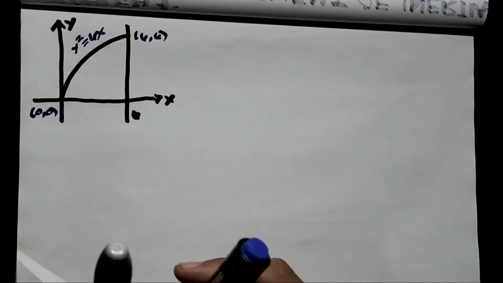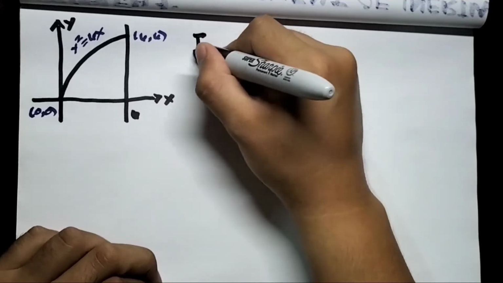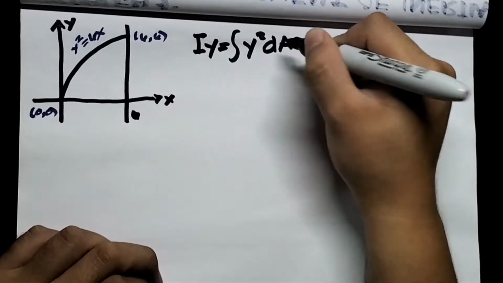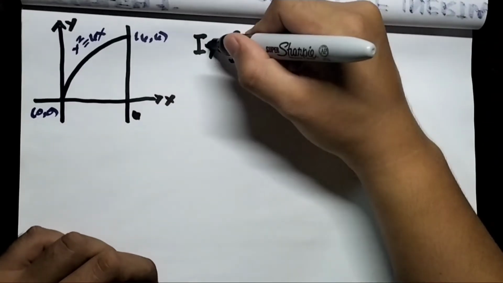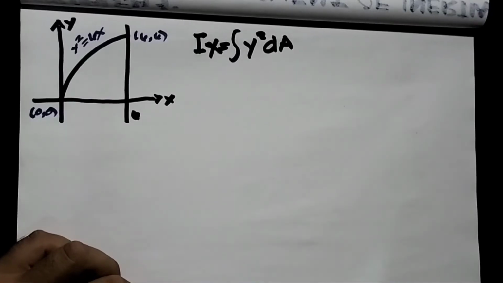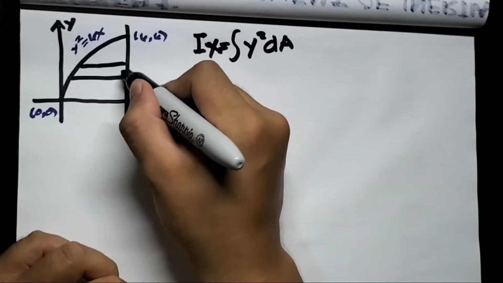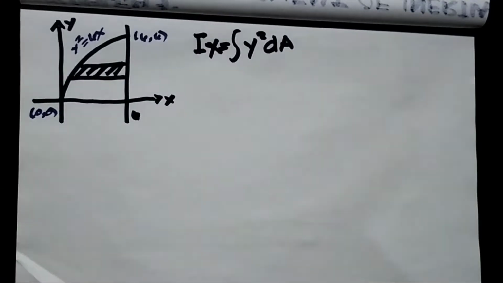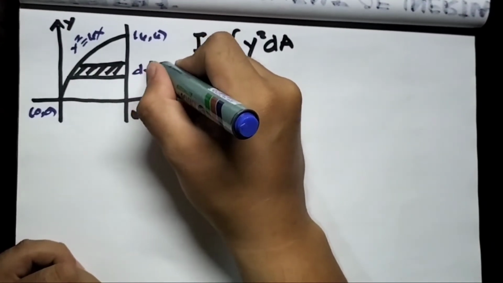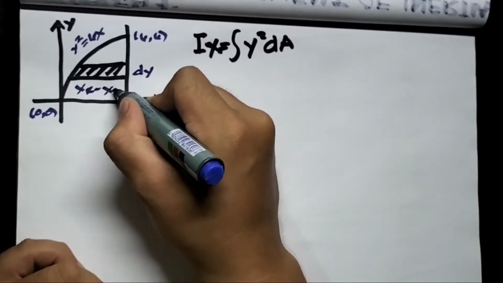So, next step is, we have the formula nga na Ix is equals to the integral of y squared dA. So, it is Ix. So, our differential strip will be horizontal. And the width is dy and the length is x right minus x left.